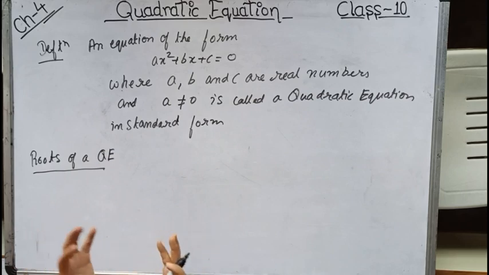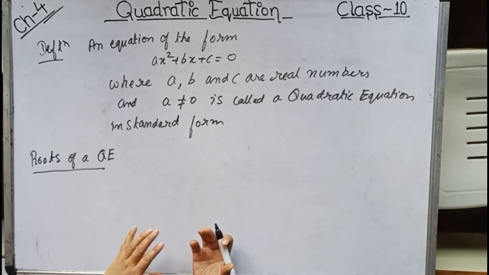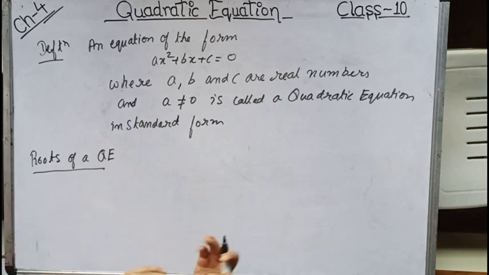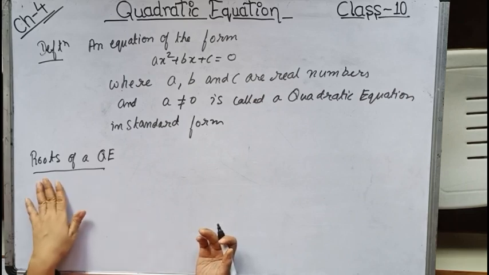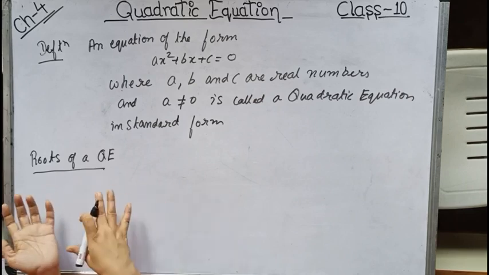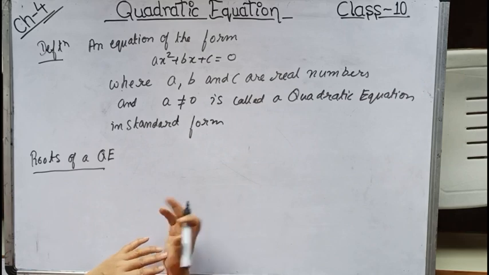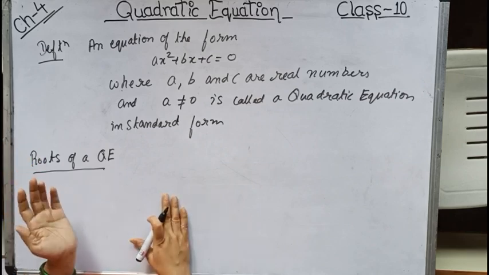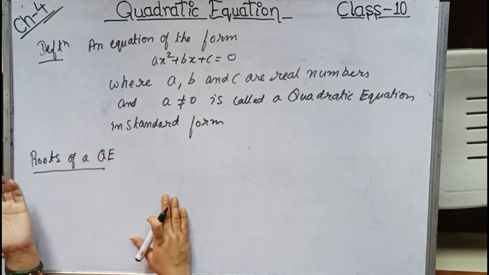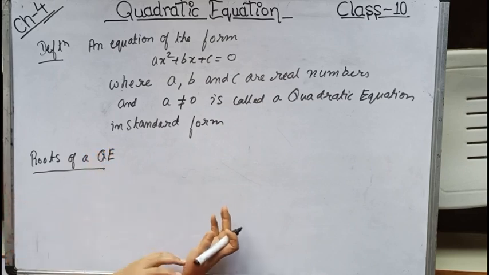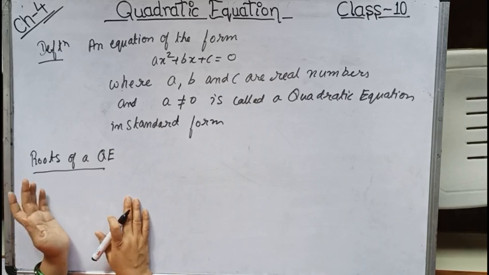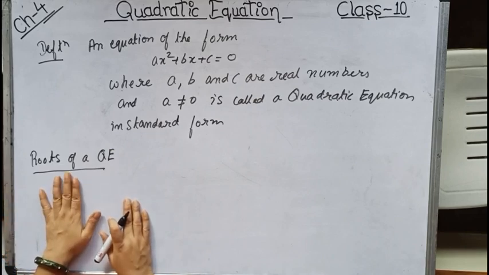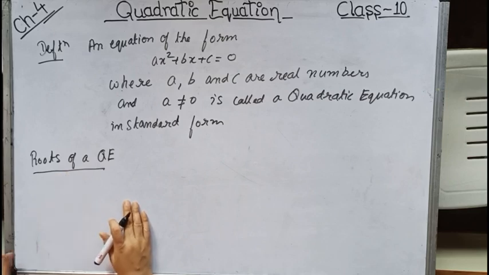Now whatever we meant zeros in the polynomial, we will mean roots in a quadratic equation or an equation also. In place of zeros we mean roots. So in a polynomial, whichever values satisfy the given polynomial are called the zeros, and in an equation whichever values satisfy are called the roots of the equation. The same with the quadratic equation also. So let us define the roots of a quadratic equation.